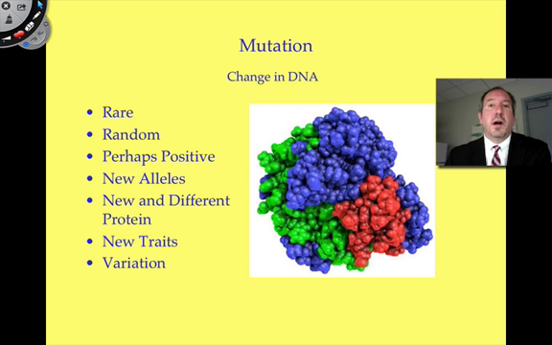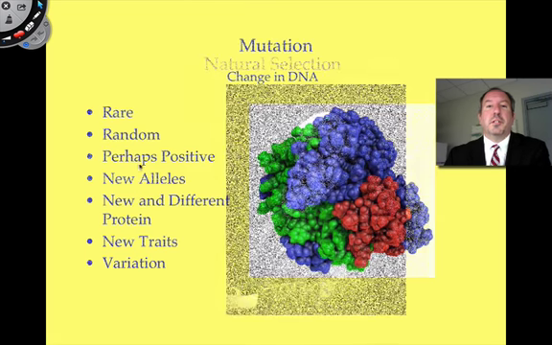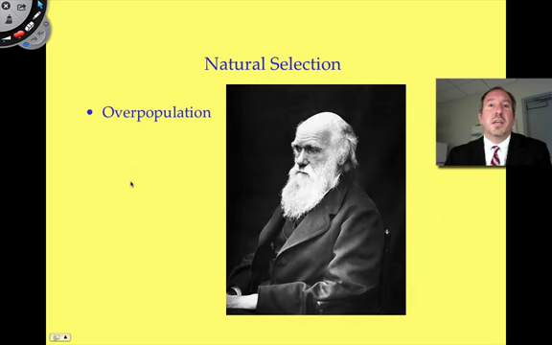Now, let me remind you of something obvious. Charles Darwin did not know anything about DNA or mutations or how variation occurred, but he did notice it. He noticed in his principles of natural selection that populations tend to overproduce. And when they produce a lot of offspring, that's going to lead to competition over limited resources. When organisms are vying for something they really need to live, the variation is going to lead to some organisms being a little bit better than others, for whatever the reason.